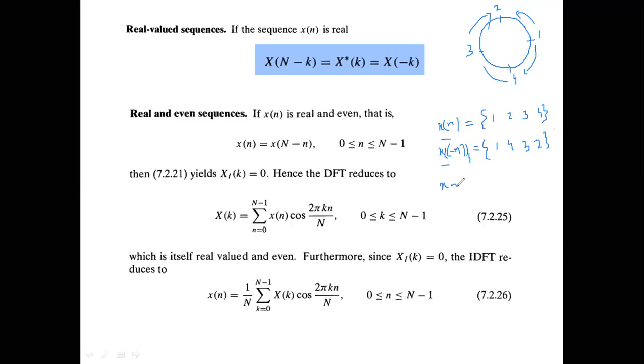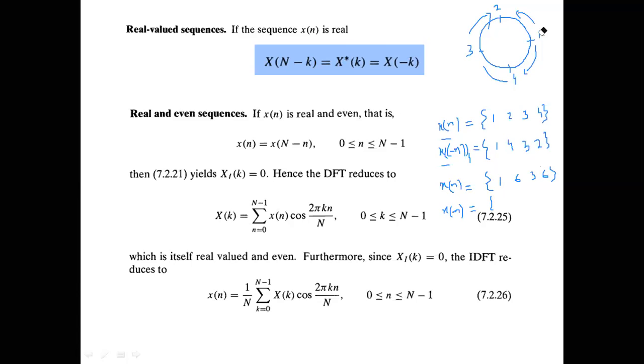Whereas if I talk about the sequence x of n equal to 1, 6, 3, 6, then for the sequence I had drawn earlier, x of minus n also remains the same. Let me draw it here if you are getting confused.